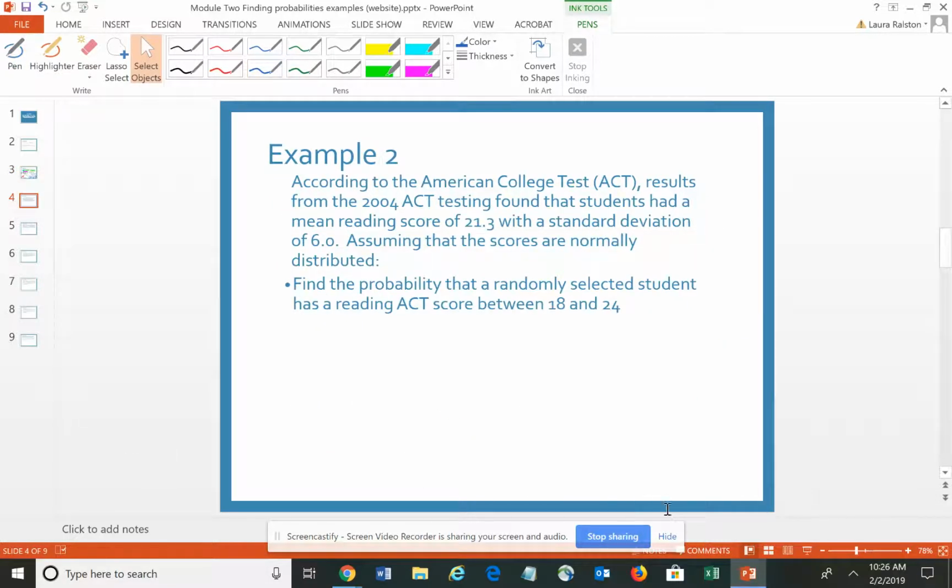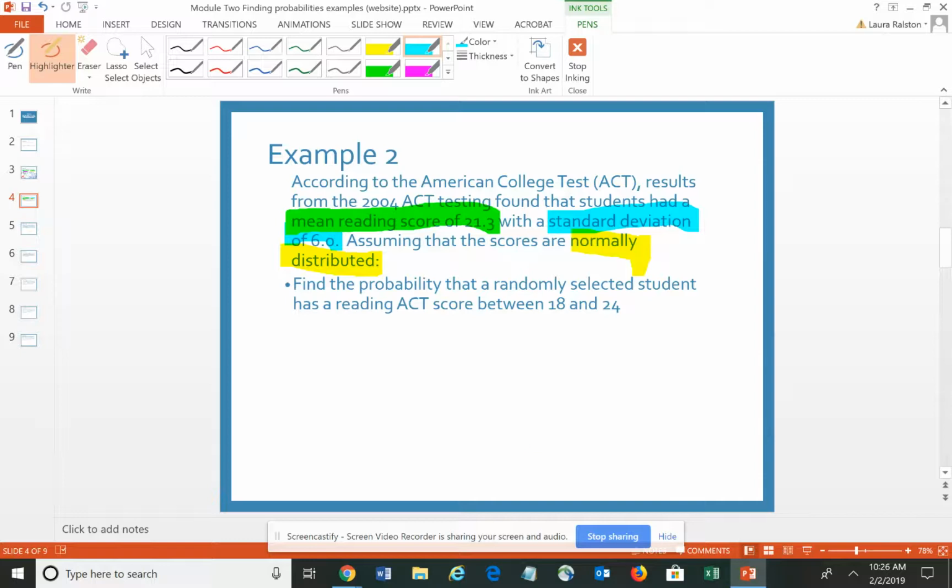All right, number 2, same scenario, ACT results from 2004. We had a mean reading score. Again, notice they tell you that it is normally distributed, which we have to know. They tell us that the mean reading score is 21.3 and that the standard deviation, again, is 6.